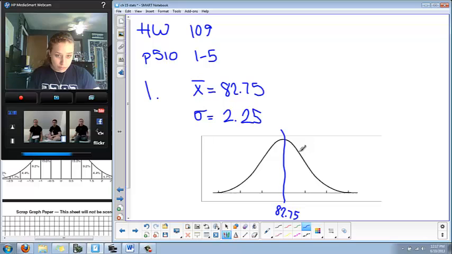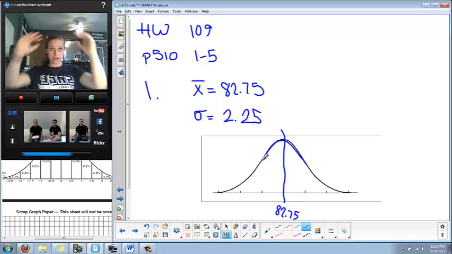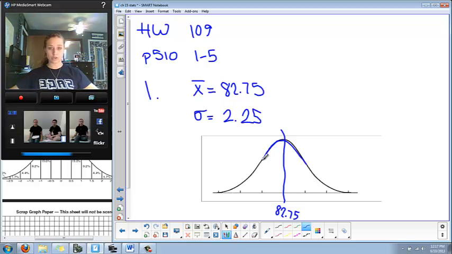The part right in the middle, closest to the average, represents the area where things are most likely to occur, because more area is underneath the curve right there, compared to the areas toward the ends where it's tiny, which means it's really not very likely to occur. So we don't even have to label things on our curve for this question.